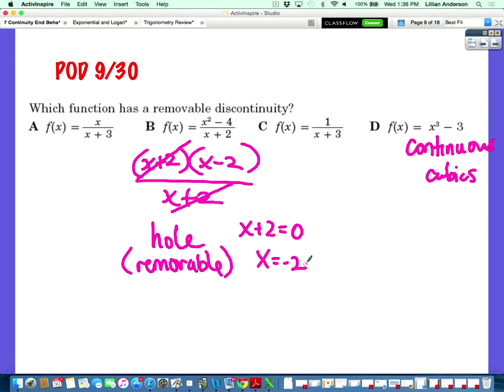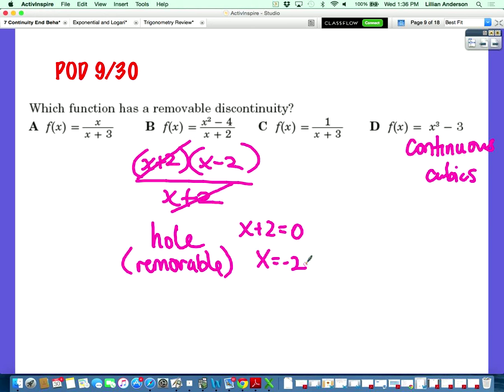Now, A and C aren't continuous, but they don't have removable discontinuity. Look at A. What type of discontinuity does A have? Think about it.